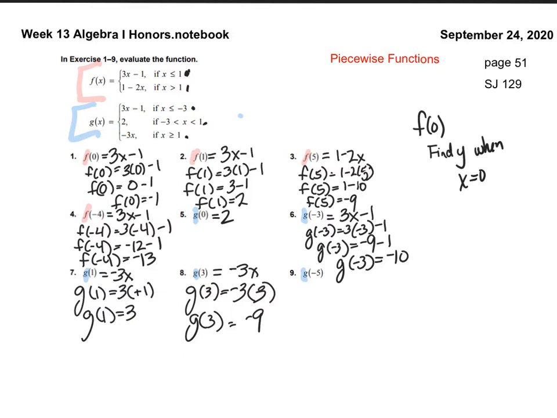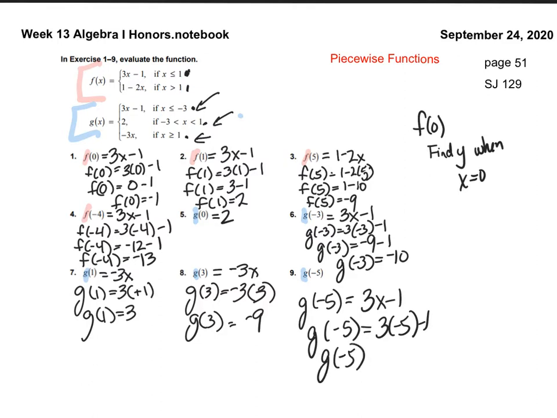And then for the last one, negative 5. What category would it fall in? Less than or equal to negative 3, between negative 3 and 1, or greater than or equal to 1? And negative 5 is less than or equal to negative 3, so therefore g of negative 5, I'm going to use the expression 3x minus 1. Substitute negative 5 into there.